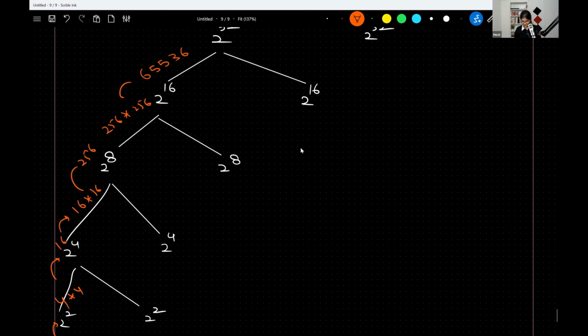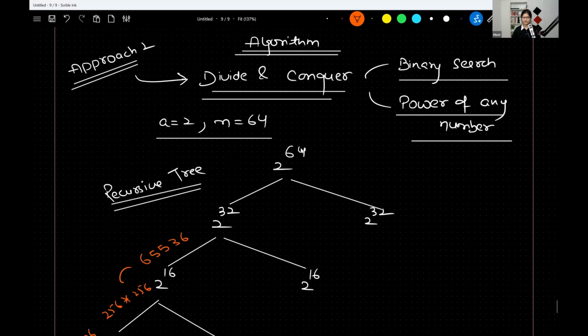If anyone has, please do that. 256 into 256, yes, I'm saying it correctly. And then if you multiply the same number, oh, I don't have a scientific calculator. Does anyone have one? What is the exact value we are getting? It would be a very big value. It will be 65536 into 65536. Whatever value you are able to get is the answer.